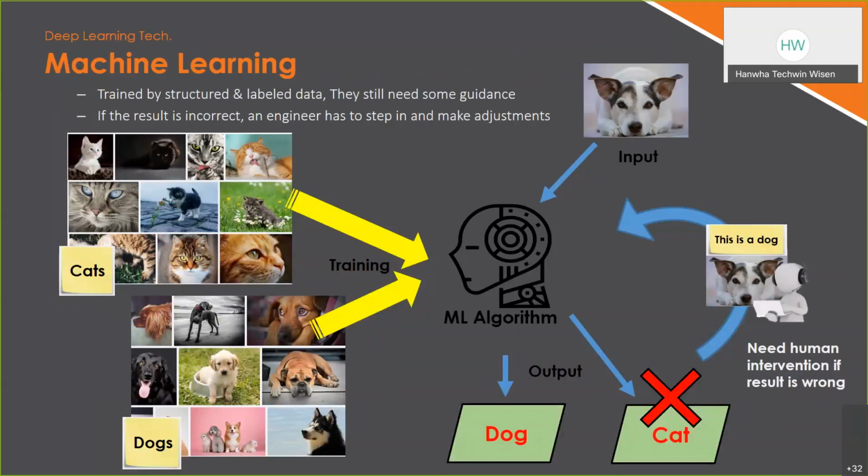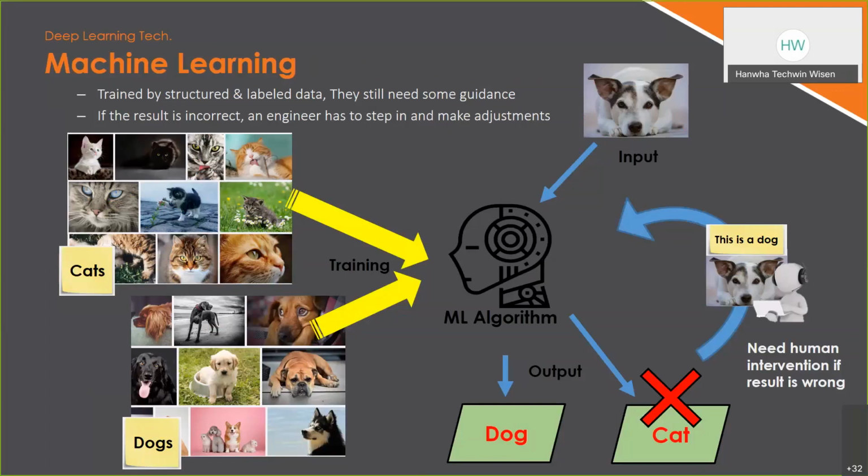So this is how it works for machine learning. First, you need to train the algorithm with the given data, which has been structured and labeled. There are many photos of cats and dogs, so you have to define this is a cat and this is a dog, and you train the algorithm, and the algorithm will know which one is a cat and which one is a dog.